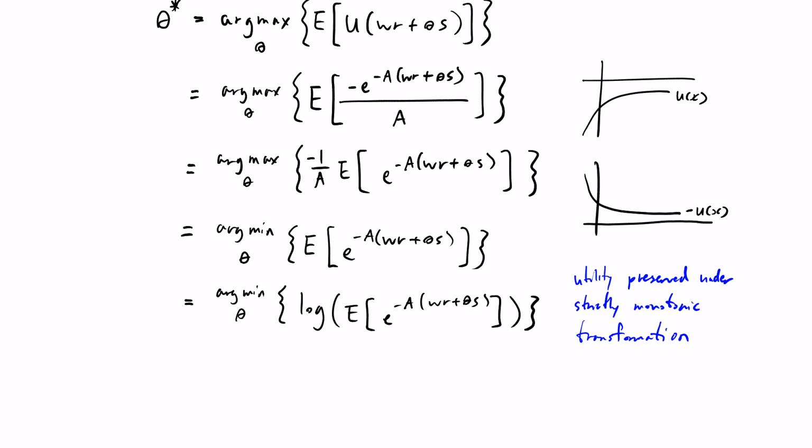A is also a constant term, so you still have a normal distribution. Now you have the exponent of negative a(WR plus theta S), and that whole thing is log normally distributed. This is normal, everything else is constant, so this is log normal. And that allows us to use the rule that I just specified.